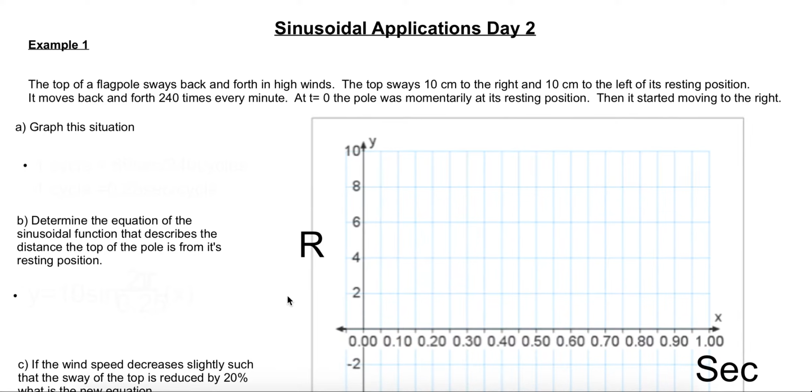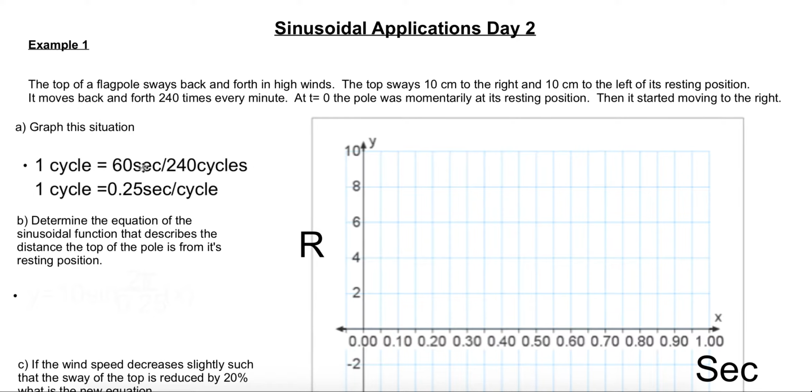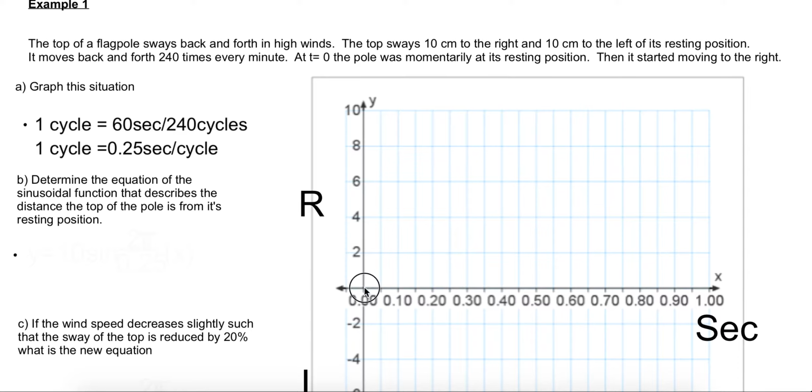Now the first thing I'm going to need to do is find out how long one cycle is. One cycle is going to be 60 seconds divided by 240 cycles, which is 0.25 seconds. So we're going to start at 0, go to 0.25 seconds, and there's our full cycle.